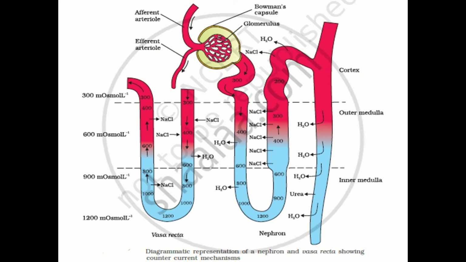A small amount of urea enters the ascending limb of Henle, which is transported back to the interstitium by the collecting tubule. So you are seeing in this diagram the osmolarity from 300 milliosmol per liter in the cortex to about 1200 milliosmol per liter in the inner medulla.